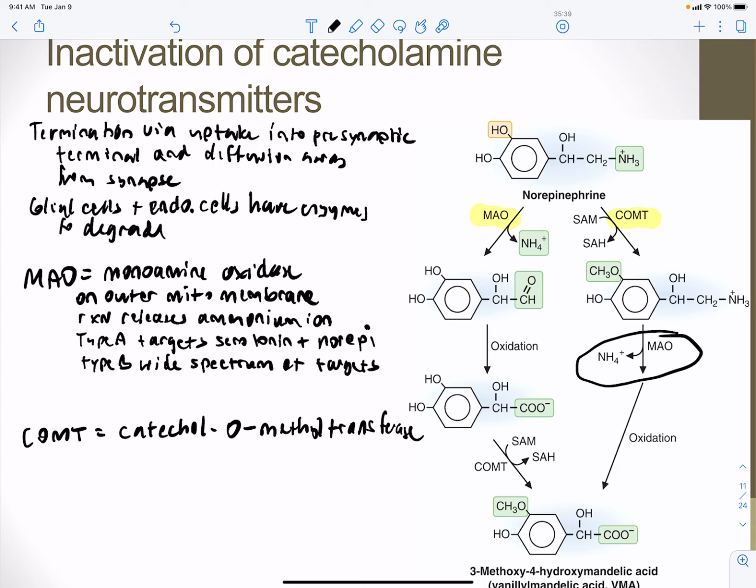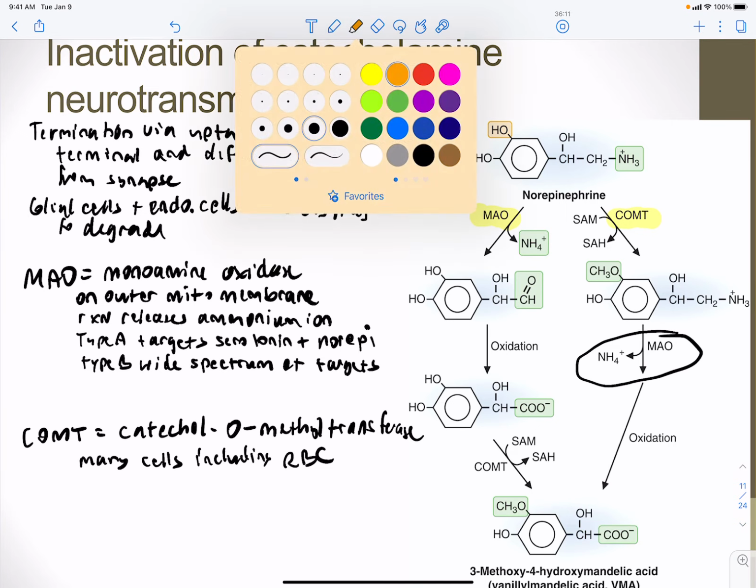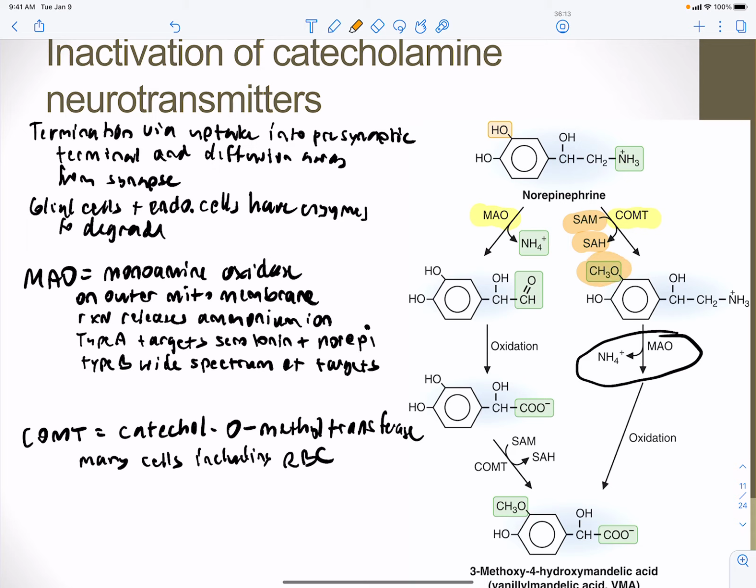So again, your COMT is going to be found in many cells, including red blood cells. And it works on a broad spectrum of your catecholamines and works on those that diffuse away from the synapse. The transferase is going to transfer a methyl group from SAM. And so this is going to use SAM to add a methyl group.